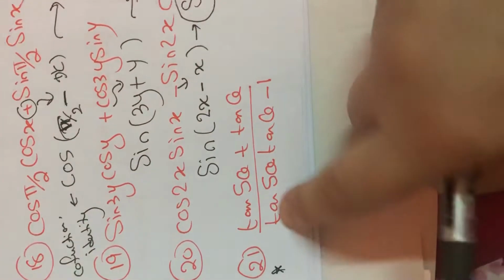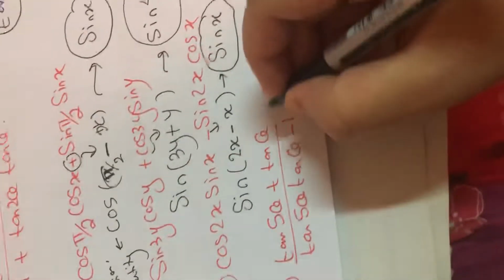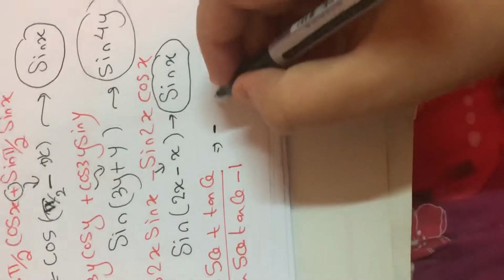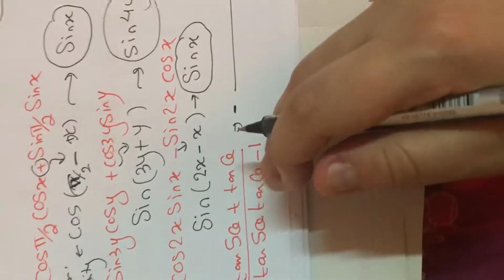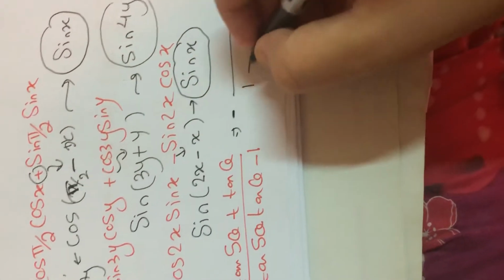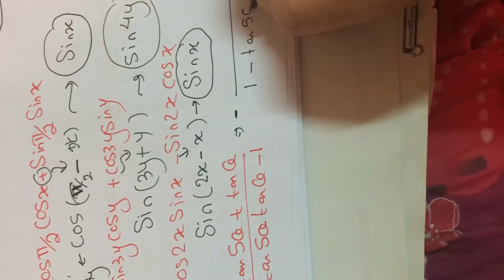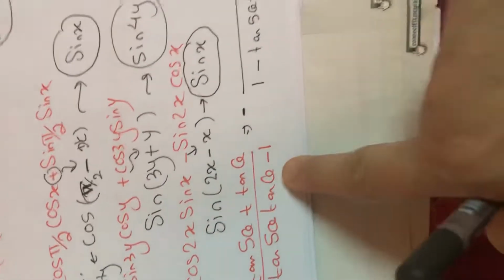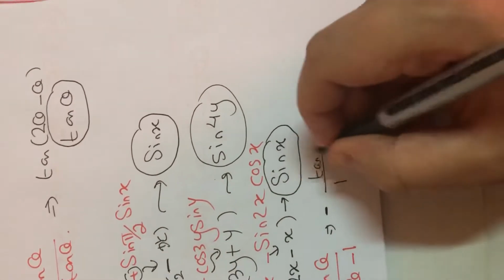How can I make it 1 minus the multiplication? I can make it by putting a negative outside. Remember that, putting a negative outside and then switching them. So I need to switch the denominator over here. One of them only switches places or switches signs. This becomes negative, this becomes positive. And I'm going to leave the numerator as is, right?